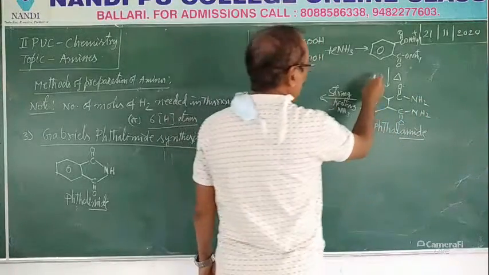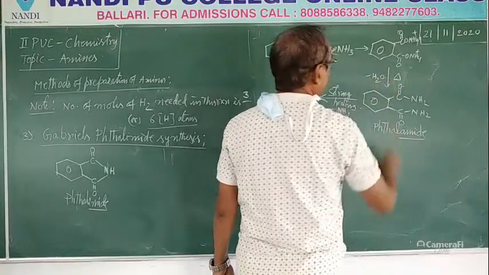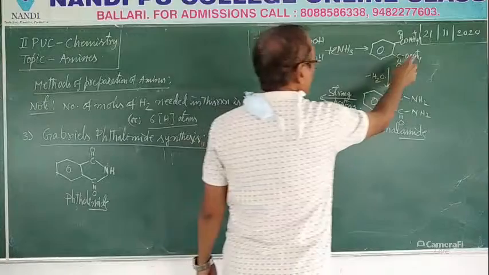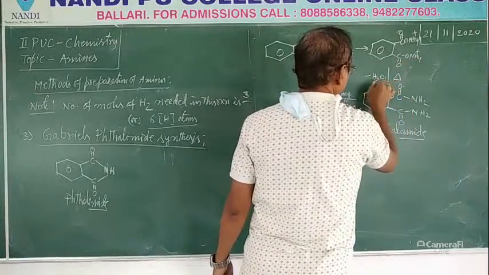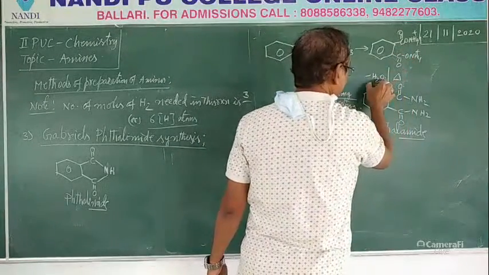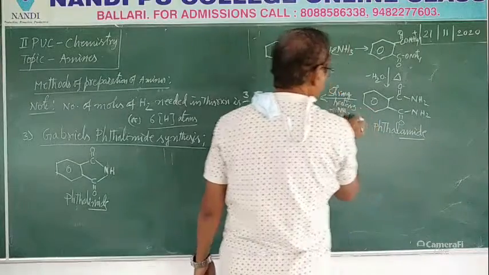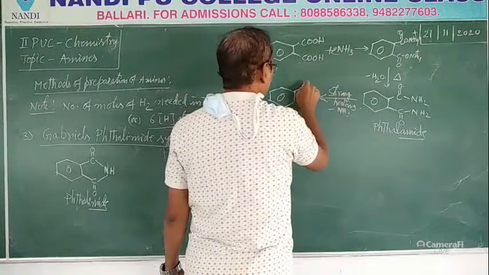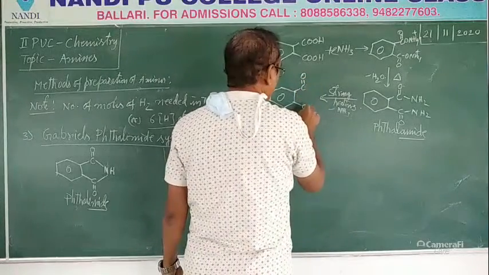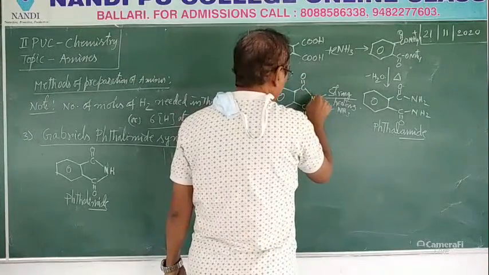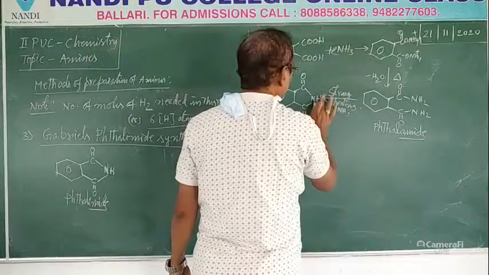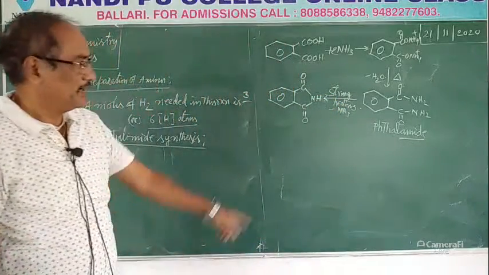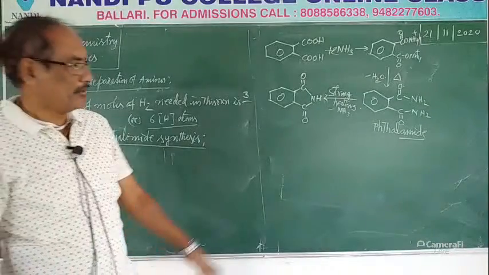Here water is expelled, minus H2O. Here 2 H2O are expelled. In this step ammonia is expelled, so that we get phthalimide, that is CO and CONH. Right children? So you understood this one.